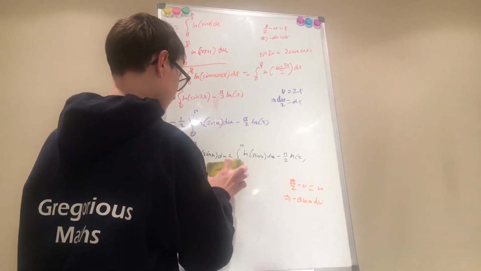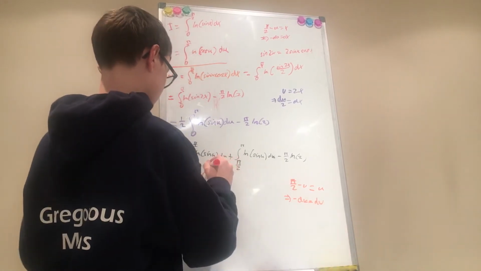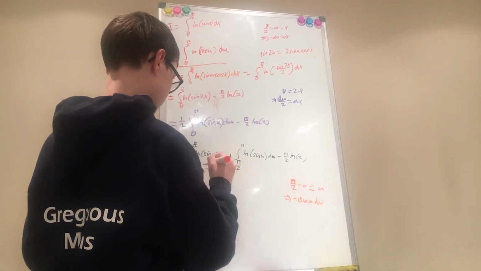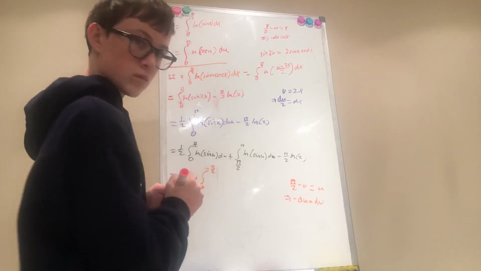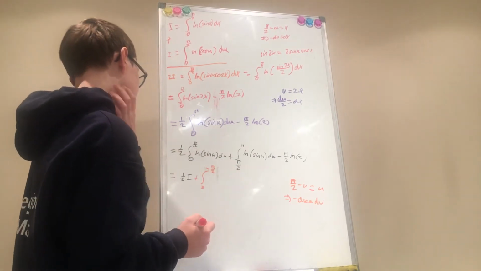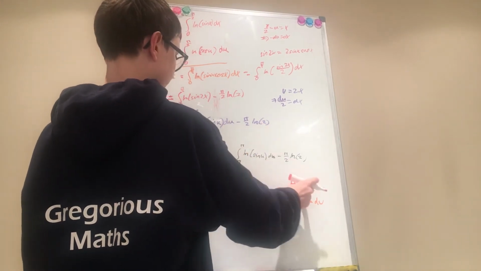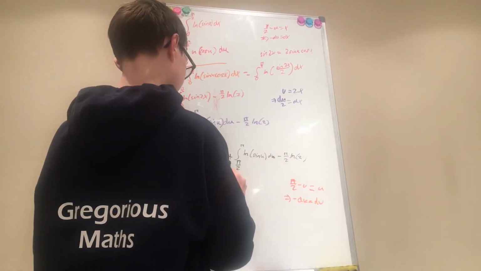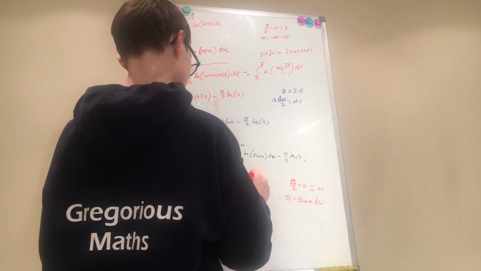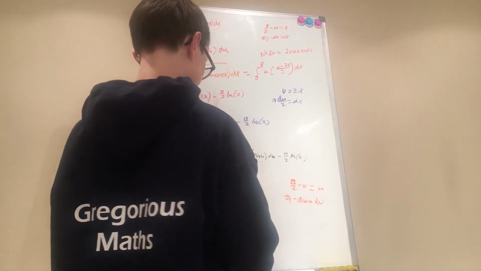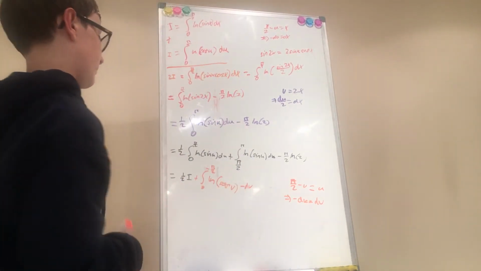Okay, of ln of sine of this, which is just cosine of v, negative dv.